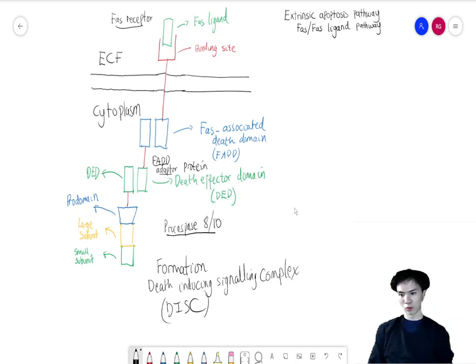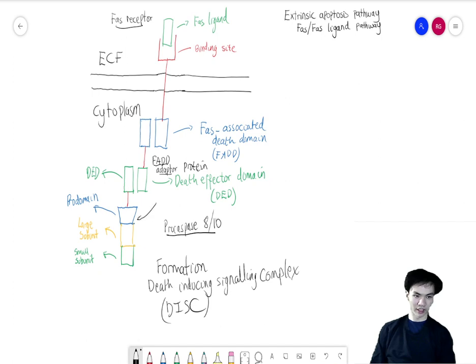Okay, so what happens when we form our death inducing signaling complex? Once your pro-caspase 8-10 binds to the death effector domain of your FADD adapter, the death inducing signaling complex can cleave off this pro domain.